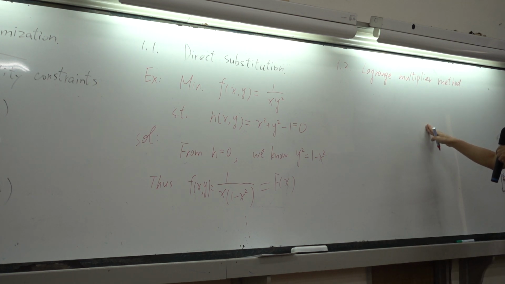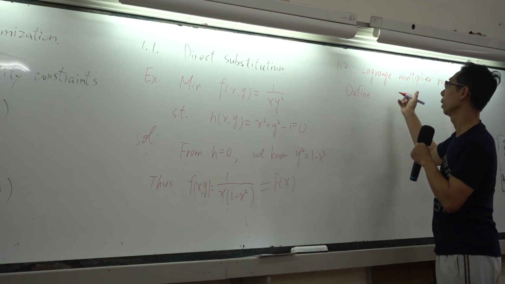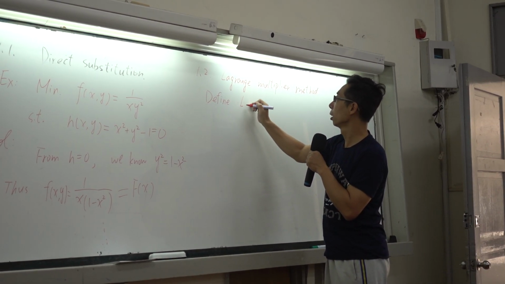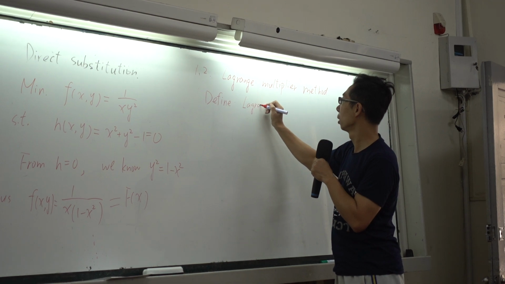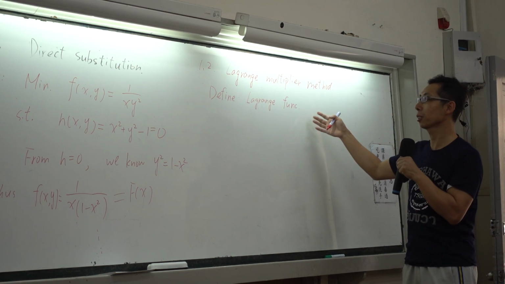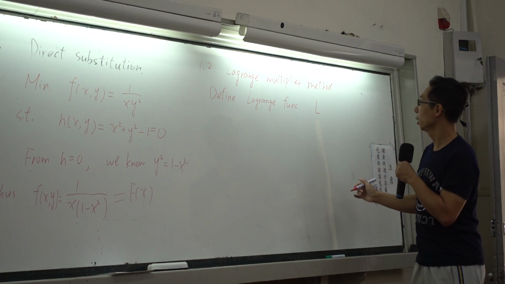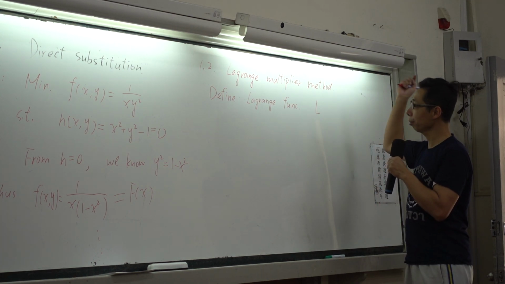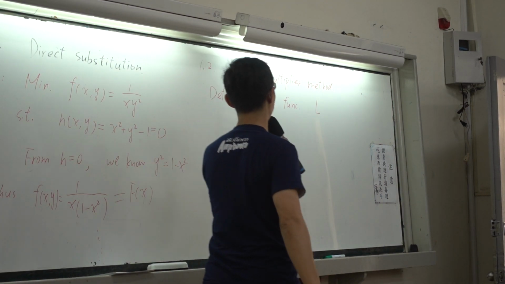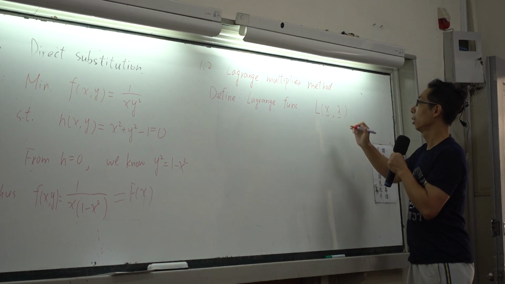Okay, so in this method, what we want to do is this. We will define a new function, the so-called Lagrange function. Let's call this L. Here's the original problem, and now L is a function of x and lambdas.